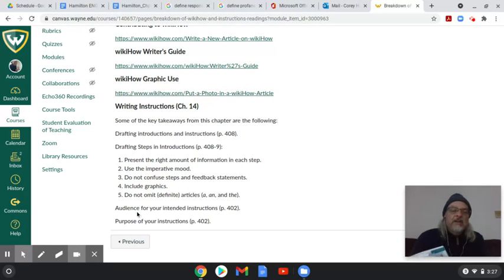I'm going to start down here with audience and purpose, page 402. One of the things that our authors tell us is that when you design a set of instructions, you need to consider a number of issues related to document design and page design. Here's the nice thing about the WikiHow. If you look at the first bullet point at the bottom, it asks: what are your readers' expectations?